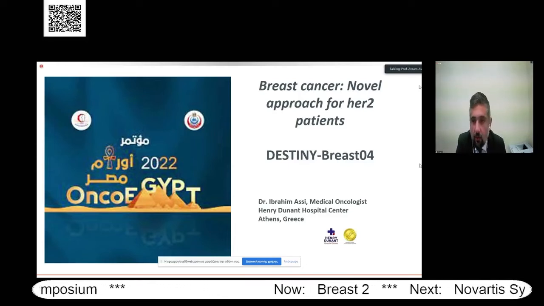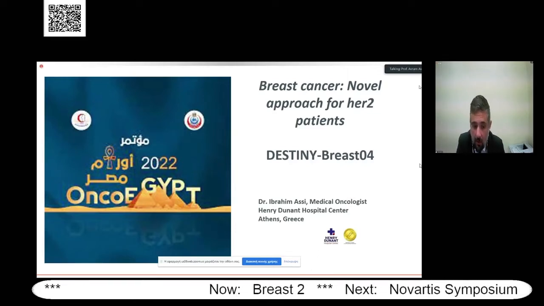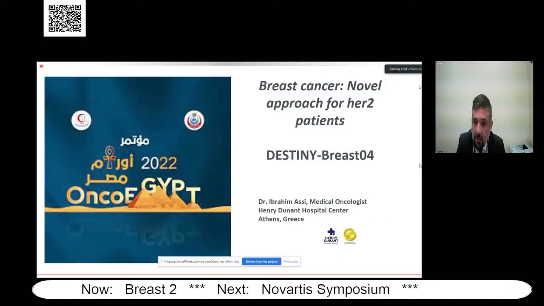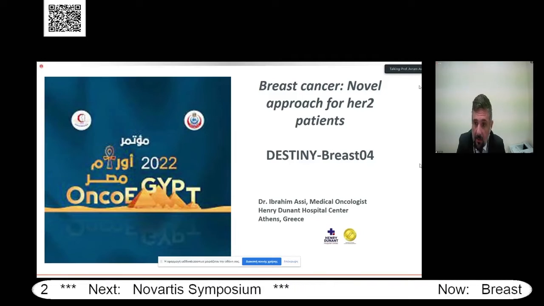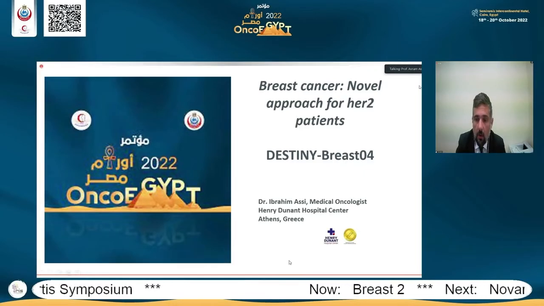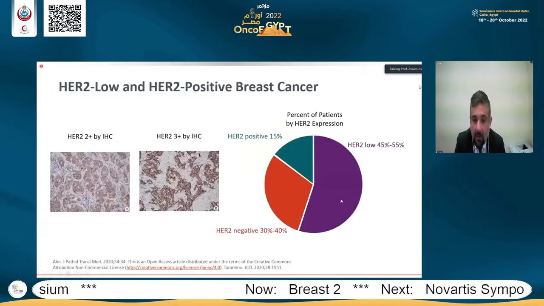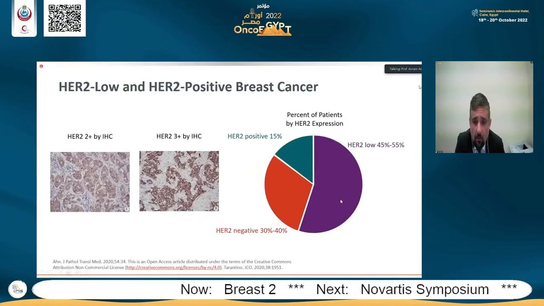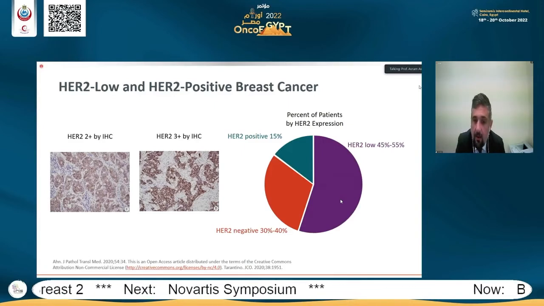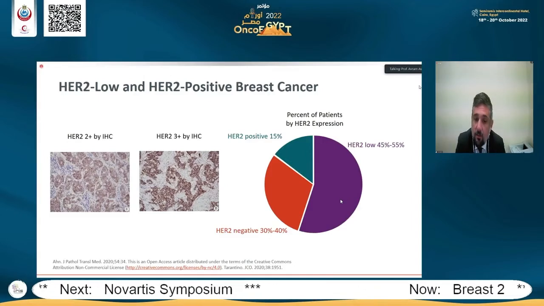So my topic will be a new standard of care for a new subtype of breast cancer, the HER2-low subtype. As you all know, recently, this year, we had the excellent news of DESTINY-Breast04, which involves a novel treatment in HER2-low breast cancer patients.